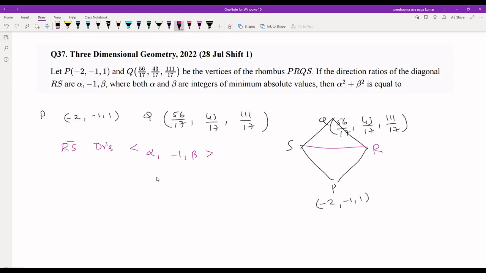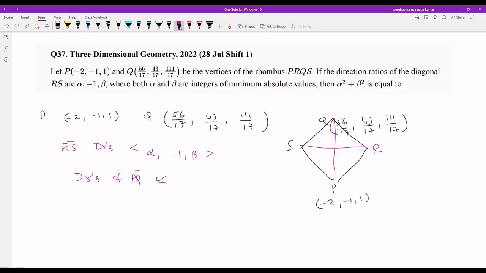We need to calculate alpha square plus beta square. So take RS bar as alpha, -1, beta and calculate the directions of PQ bar. We know that these are perpendicular, right? DRs of PQ bar.